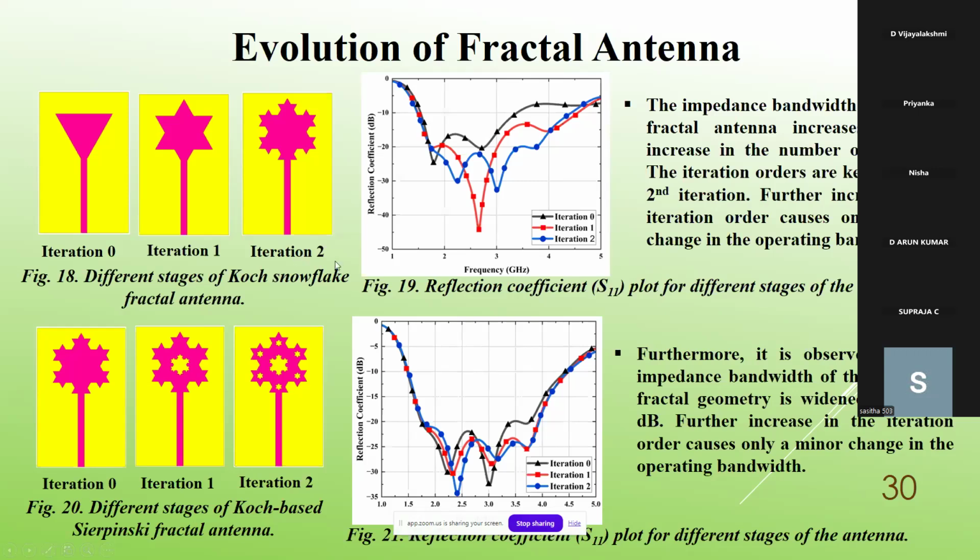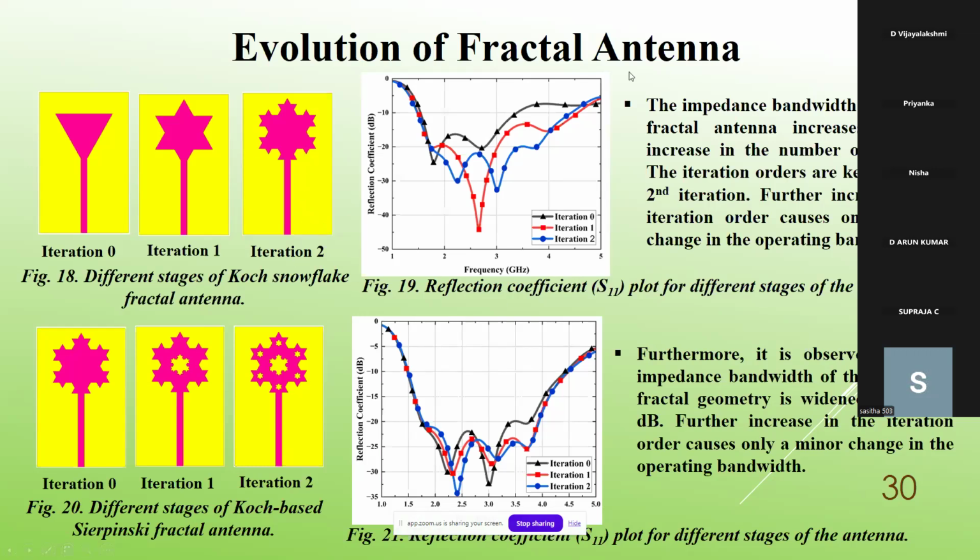Iteration 3 we have checked. We are not getting further modification or further performance improvement for this kind of design, because we are not getting much variation. Also, complication will be more from the fabrication point of view.